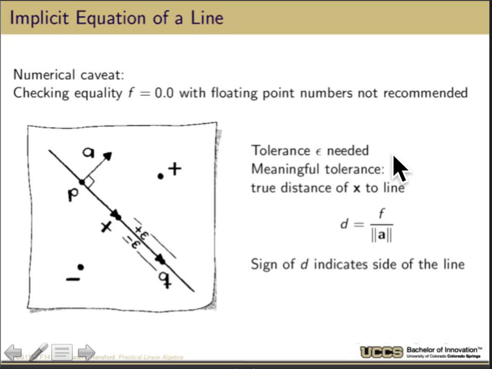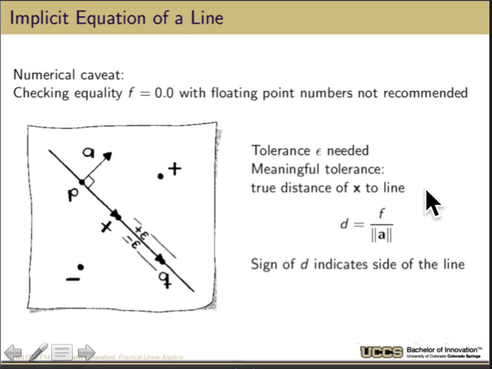That tolerance is needed because of what we call round-off error, which we'll talk about again later in the semester. But it's important to know that if you actually tested f equals 0 in C or C# code, it might never be true for your line, because there might be no easy place to get it if I'm stepping around in fine places, but it might be really, really close.